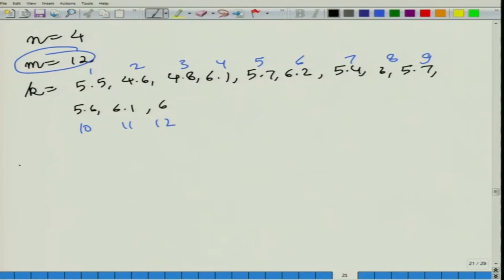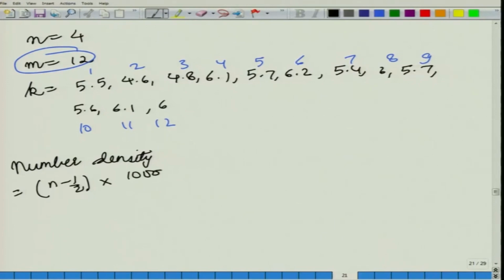So, which formula do we use here? We use number density is equal to (n minus half) multiplied by 10,000 upon m pi multiplied by the sum over 1 over ki square. So, here we have n is equal to 4.